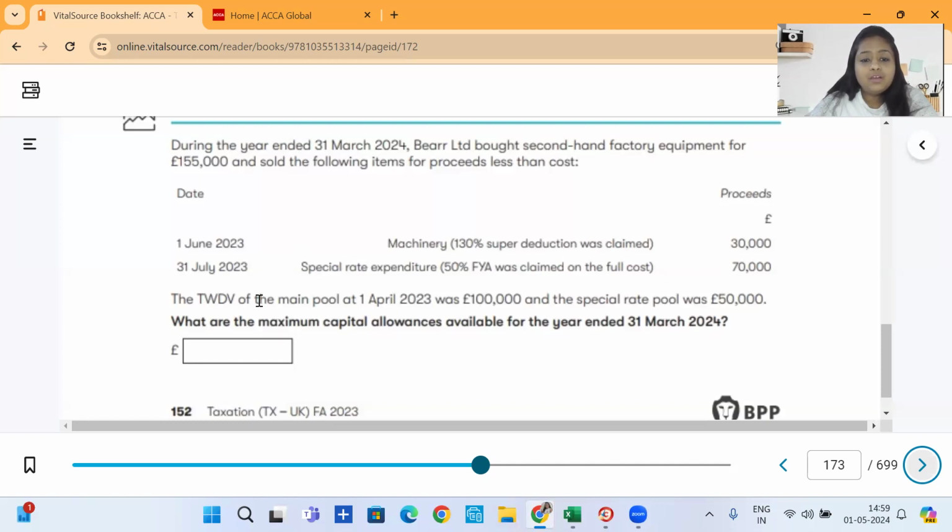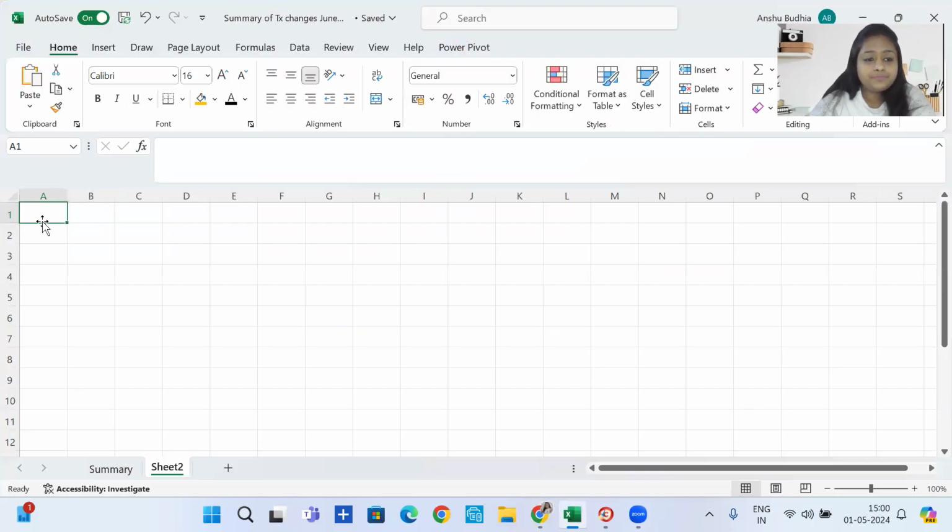The TWDV balance brought forward, or the opening balance on 1st April 23, was 100,000 and the special rate pool was 50,000. What are the maximum capital allowances which are available for the year ended 31st March 24? Let's do the calculations, people.